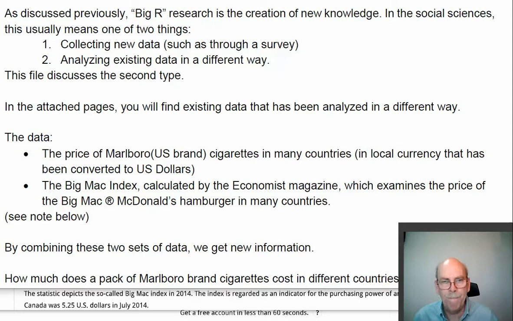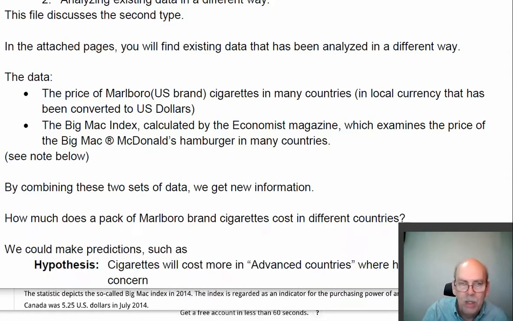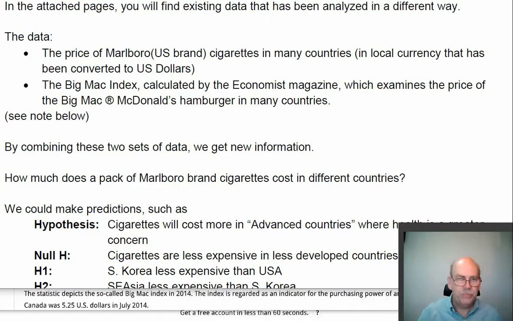So in the attached pages in this PDF, you're going to find existing data that has been analyzed in a different way. Got two pieces of data. One is the price of Marlboro cigarettes in many countries. Now, that information, the basic price, for example, we could say 5,001, was converted from the local currency to US dollars.